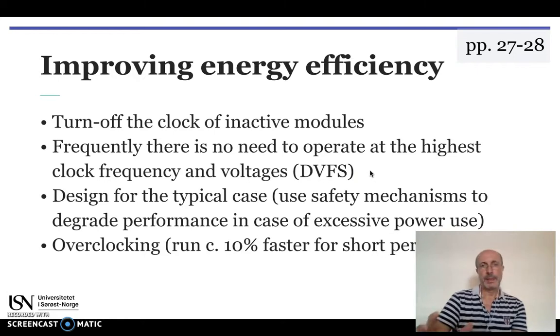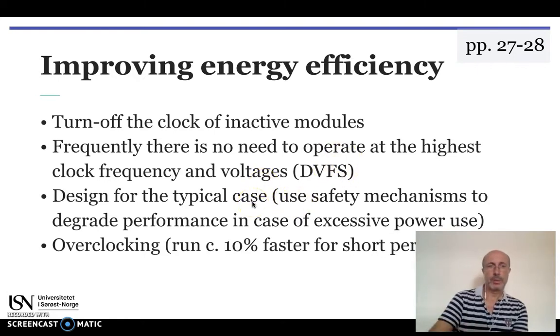There are four main techniques to improve energy efficiency, the first one being to turn off the clock of modules that are not being used at any given time. A second technique called dynamic voltage frequency scaling reduces voltage or clock speed during low activity periods.